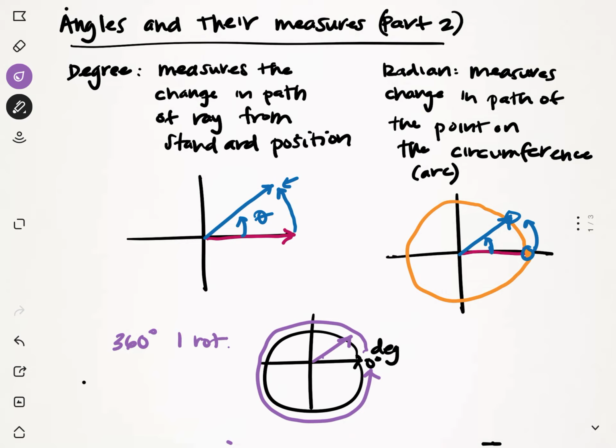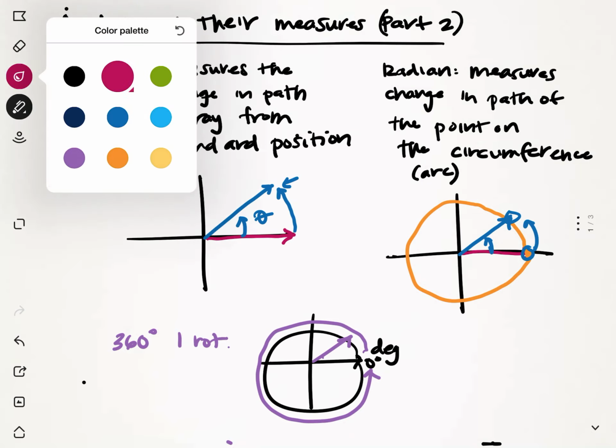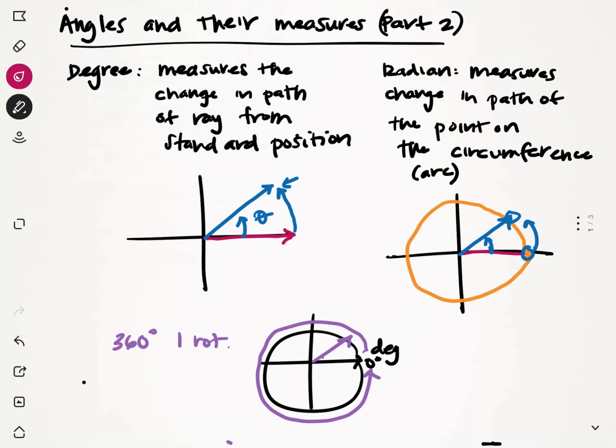Now, when we measure in radians, because we're talking about the circumference of the circle, this same rotation is going to be 2 pi radians. So 2 pi radians is one rotation.